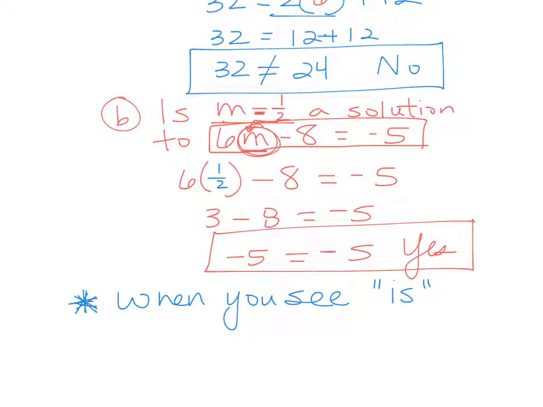Equals, right? X is 7. I'm saying X equals 7. So whenever you see is, you need to think equals. Whenever you see the word is, you need to think equal sign, because is equals in math.